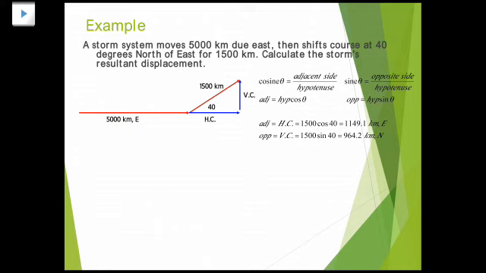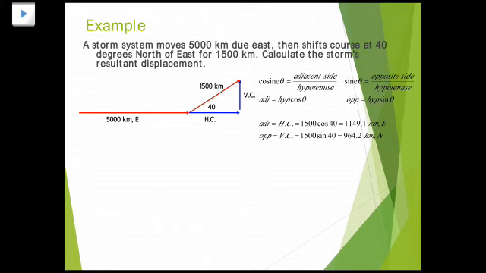The horizontal component is 1,500 cosine 40, which equals 1,149.1. The vertical component uses sine, because sine is opposite over hypotenuse: 1,500 sine 40, which equals 964.2 kilometers north.